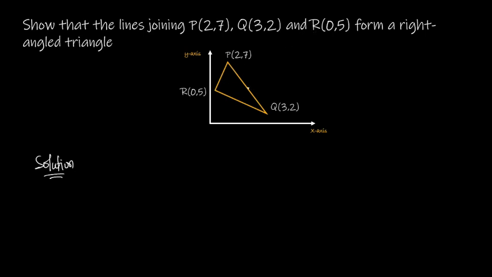Now, if you look at that, the only two lines that can give us a right angle triangle are the line PR and then RQ. That is, the angle over here should be 90.